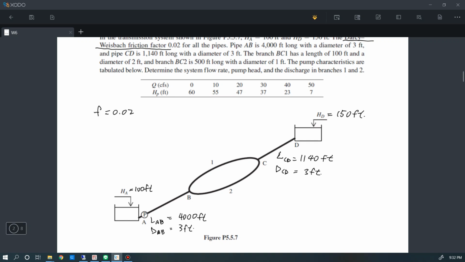And for branch 1, the length is equal to 100 feet with diameter equal to 2 feet. For branch 2, we have the length equal to 500 feet and the diameter equal to 1 foot.